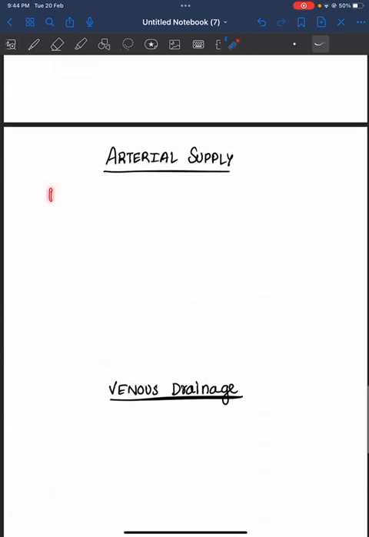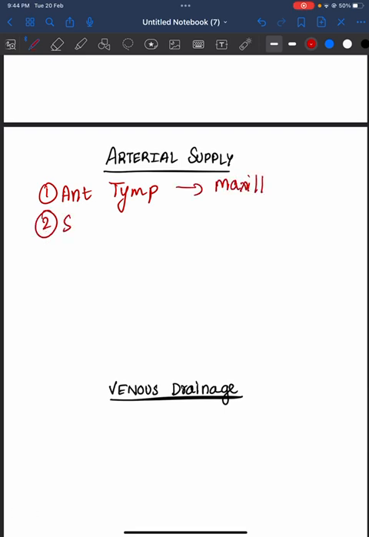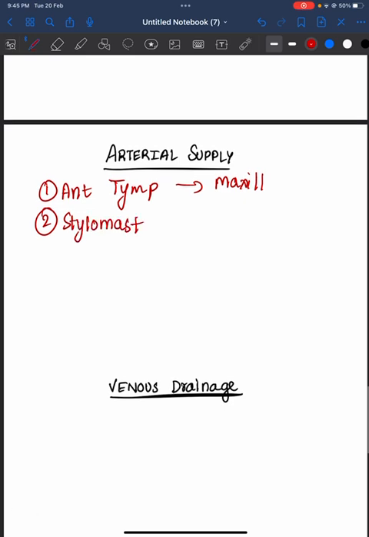Let me write down. 1, anterior tympanic artery from the maxillary artery. 2, stylomastoid artery, which is a branch of posterior auricular artery.